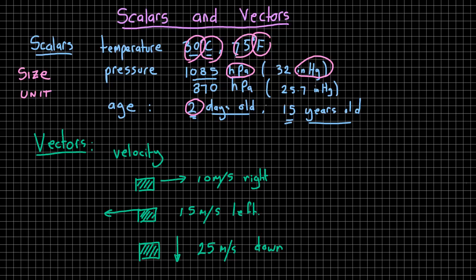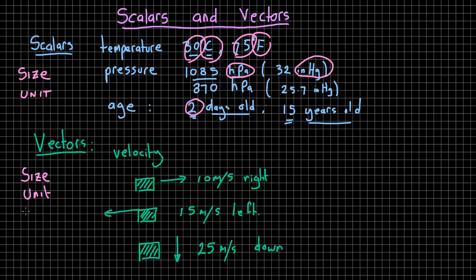Now the thing about these vectors then is that we can see that unlike scalars, there's an additional thing that we have to worry about. Certainly a vector has a size exactly the same as a scalar does. It also has a unit in exactly the same way that a scalar does.